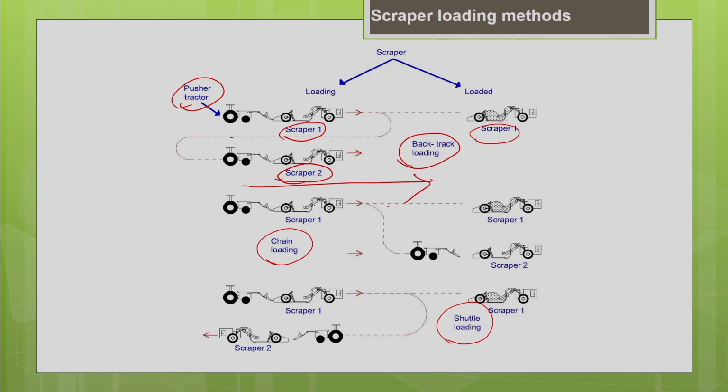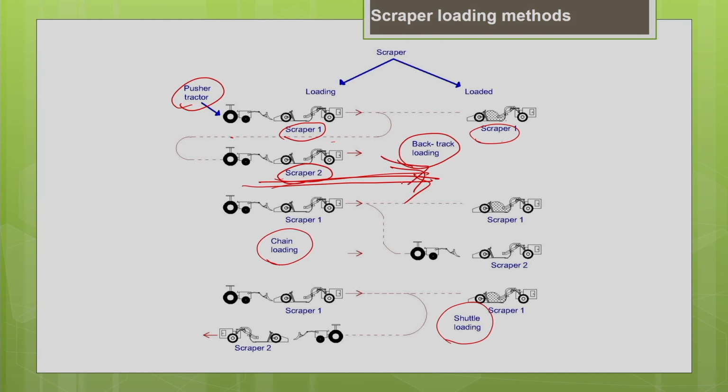So that is what is a backtrack loading. As scraper 1 is completely loaded, it will start moving on its own. The pusher will travel some distance, spot the next scraper 2 and then start pushing again in the same direction.